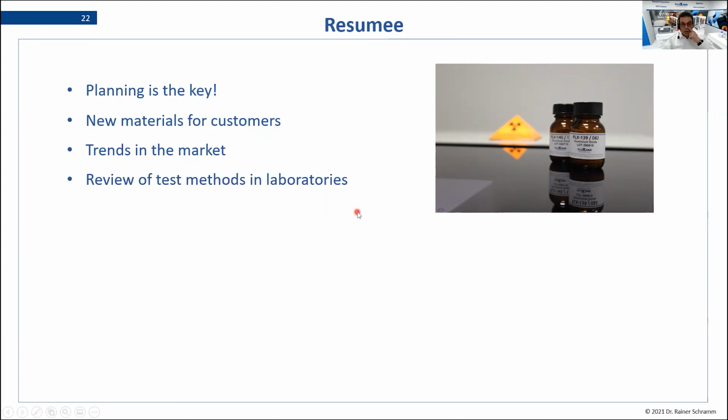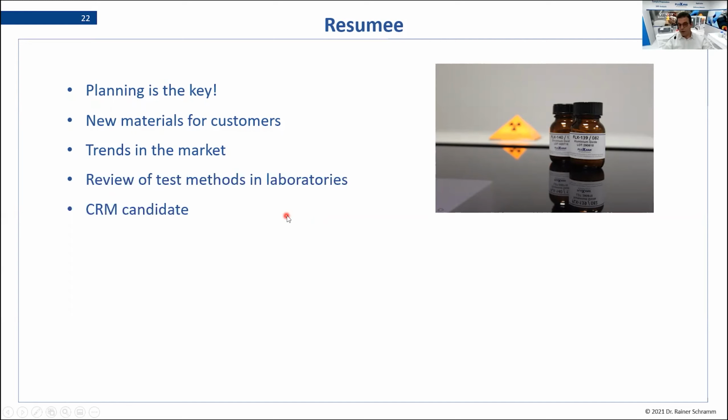And also on your side, you have the possibility to review the test methods in your laboratory. And like I told you already, we always try to make a CRM out of such a material in the end, because if it's homogeneous and stable over time, and we have this round-robin study as a third-party opinion, then it really makes sense to establish a traceable CRM procedure so that we can issue a certificate for the material.